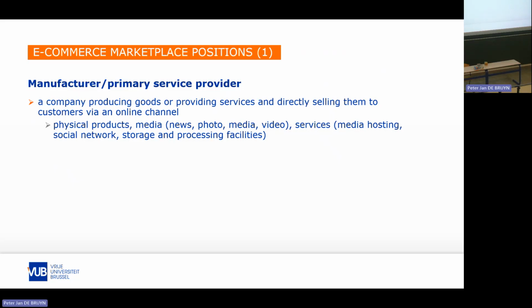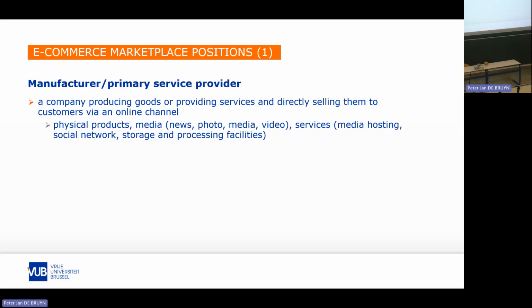So what kind of position can you take in such a marketplace? The first one is, for instance, that you could just be, as before, the manufacturer or the primary service provider. You are the one who manufactures clothes. You are the one who manufactures laptops. You are the one who really creates products that people use and consume.